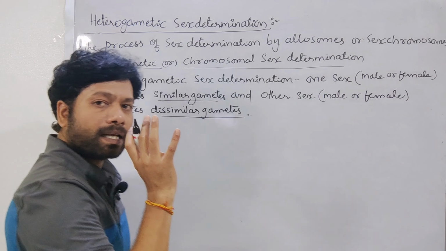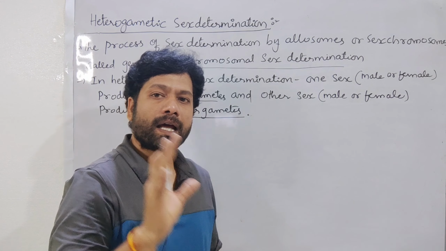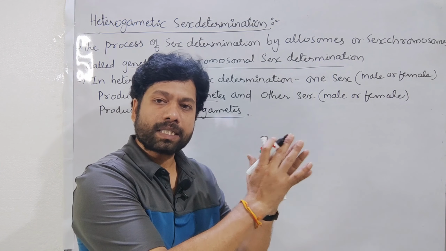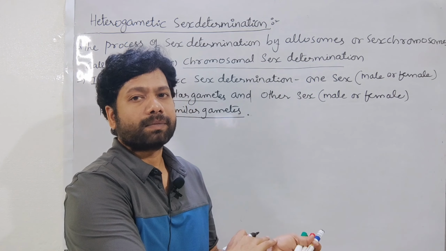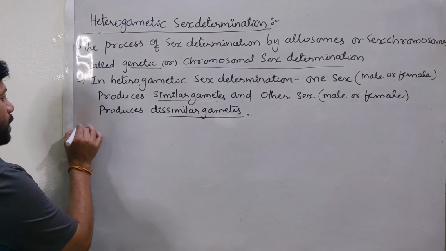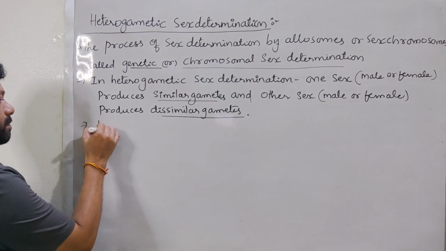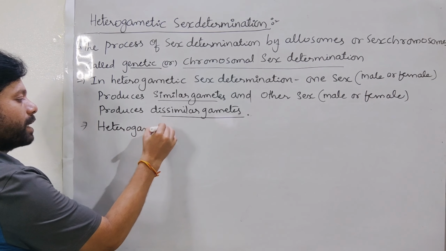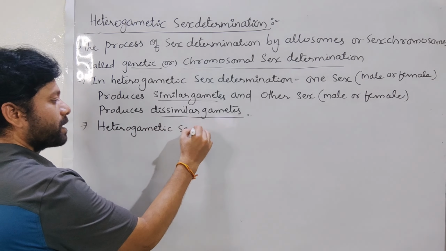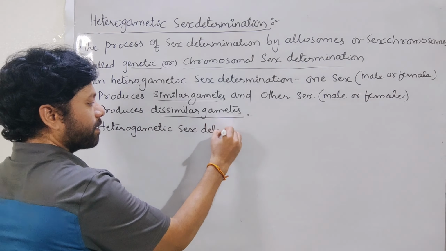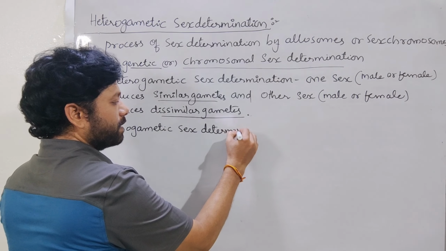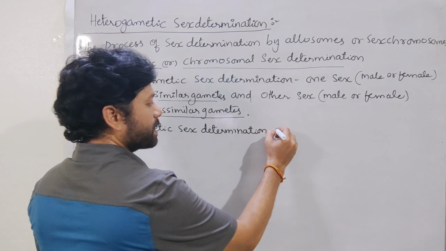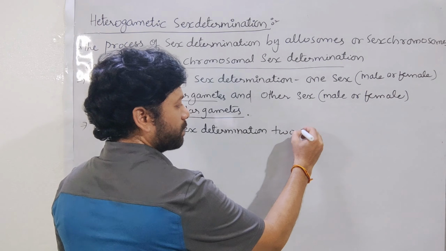Here one sex, male or female, can produce similar gametes, and the other produces dissimilar. Right. So heterogamatic sex determination has two types, two methods.